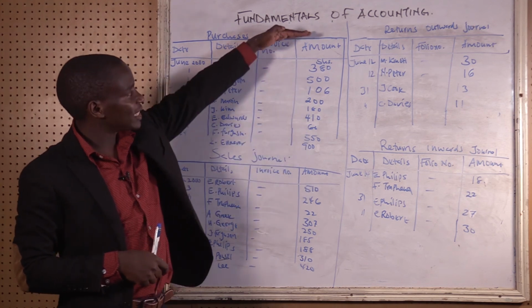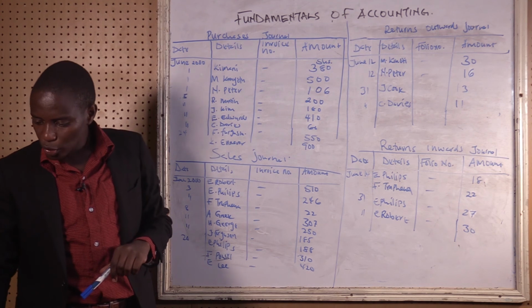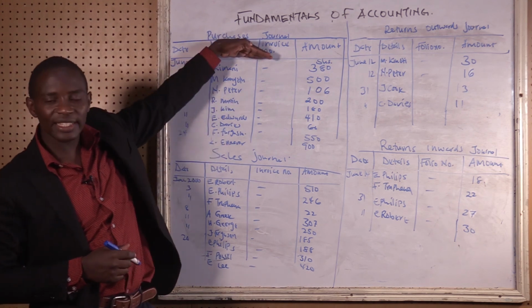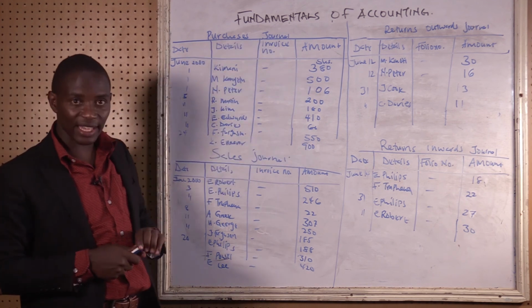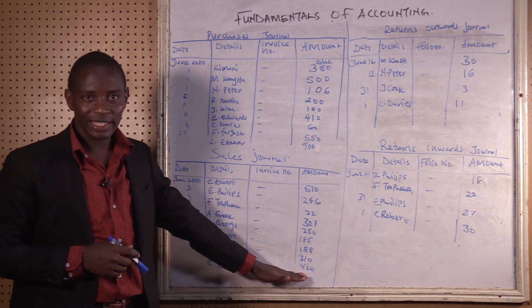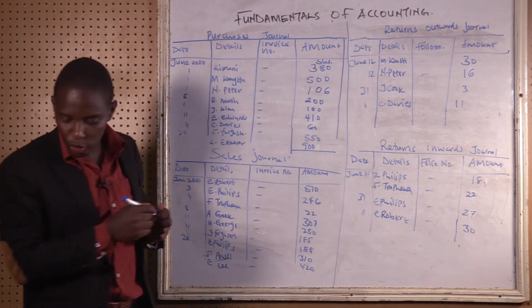Yes, class, once you have now recorded your transactions in your journals like we have done, we usually sum up the amounts. For the purchases journal, we get all the credit purchases. From the sales journal we shall get all the credit sales. So let's add them together.